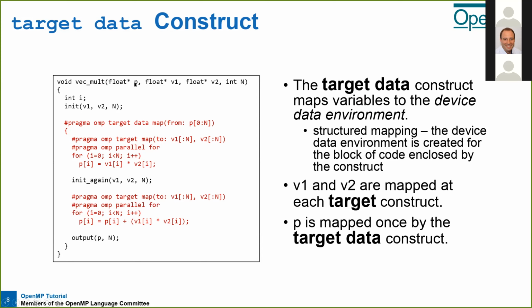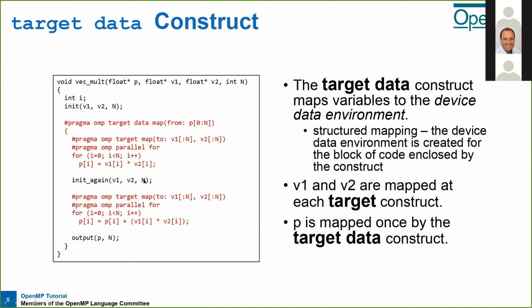P is a result. This is being mapped from the device to the host at the end of the data region. This performs the first computation, and this is then the second compute kernel.